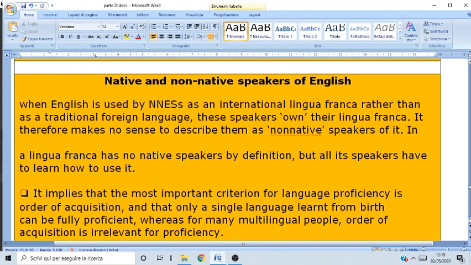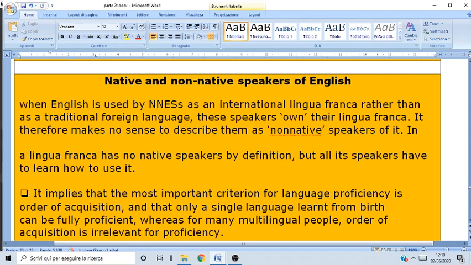Now, let's go down to this comment on the difference between native and non-native speakers of English. You have to consider that when English is used by, and you see this acronym, NNES, non-native English speakers, as a lingua franca and not a foreign language, these people own that lingua franca.